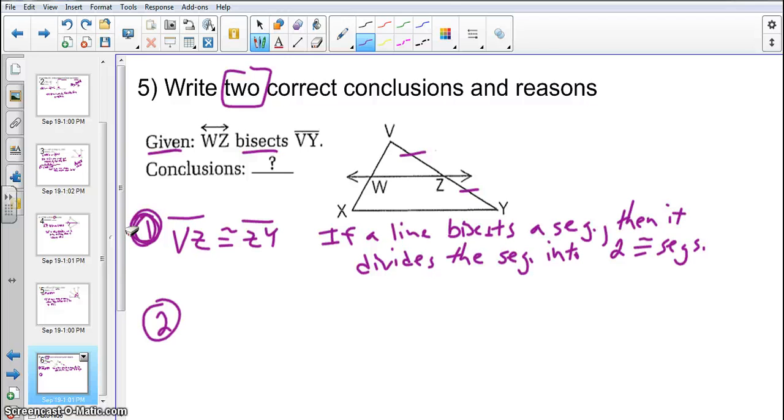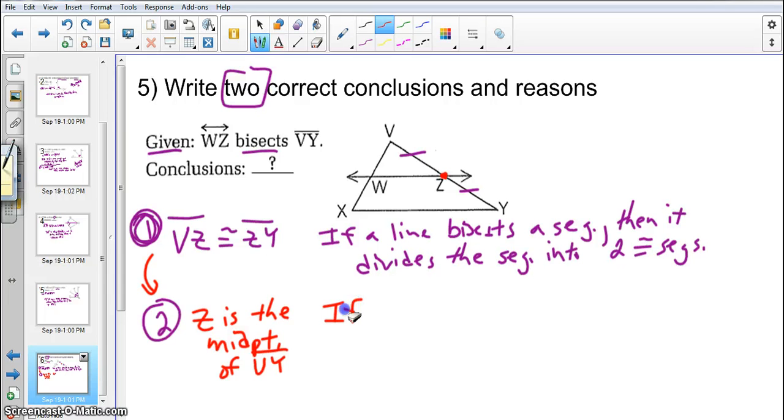So let's go ahead and take a look at our diagram over here. So when we look at our diagram, we can see that we have a segment that is divided into two congruent parts. Well, let's take a look at point Z. Another conclusion that we could get, since we know the line bisects VY, we can then go ahead and conclude that Z is the midpoint of segment VY, which is again direct relationship from what we just stated in our first conclusion.